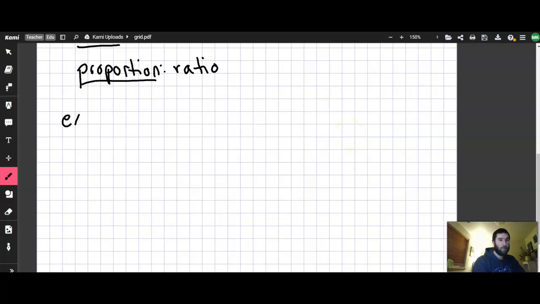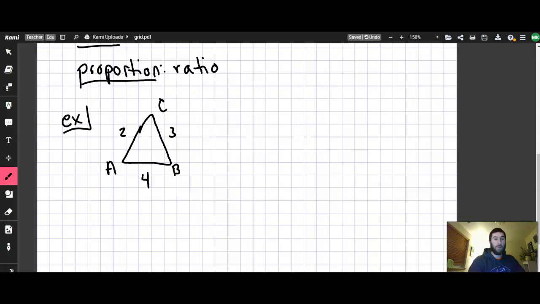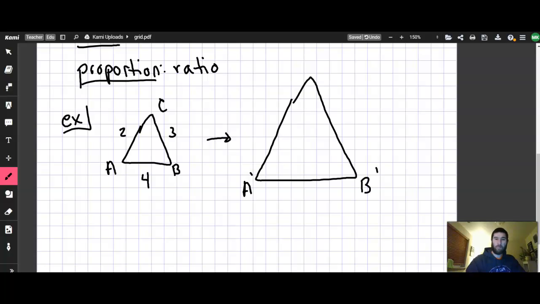And so looking at the example of our scale factors, let's say we have a triangle, ABC. And so I'm going to go ahead and do 2, 3, and 4. Now, if we compare that to A prime, B prime, C prime, and this is not drawn to scale, and I make all the sides 6, 9, and 12, then the question is, what's the scale factor?